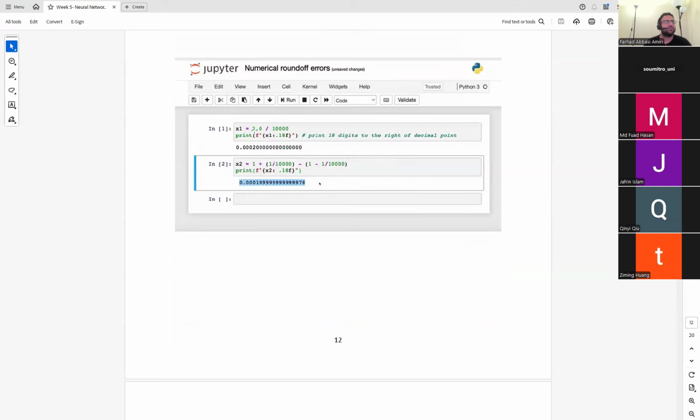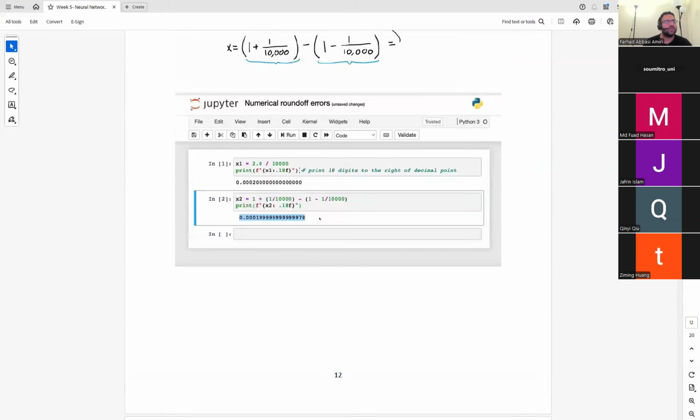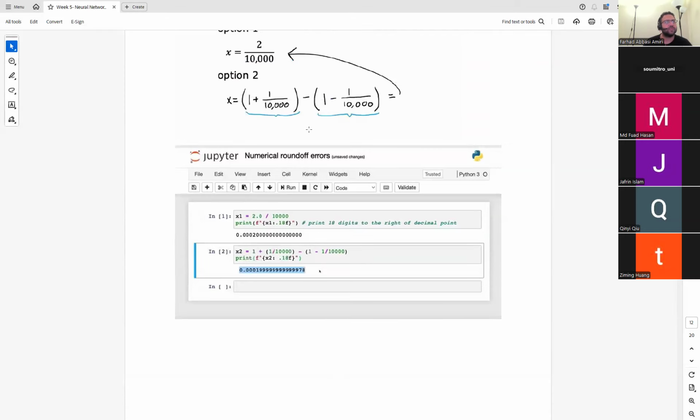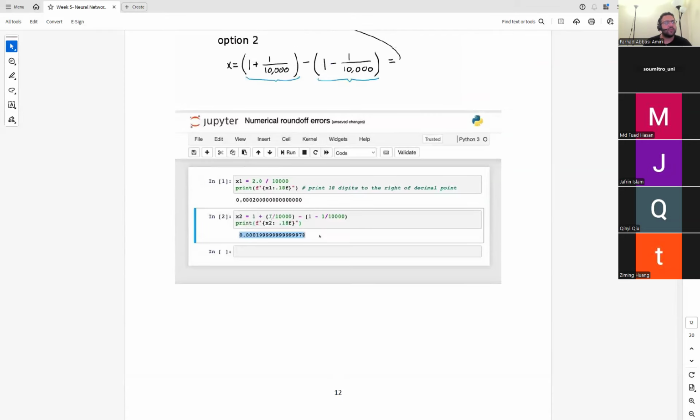For example, 2 over 10,000 is rounded off to 0.002. But if you break it down into these two parentheses, then the computer first operates on this fraction, then does the operation on these parentheses, and then adds them together, right?